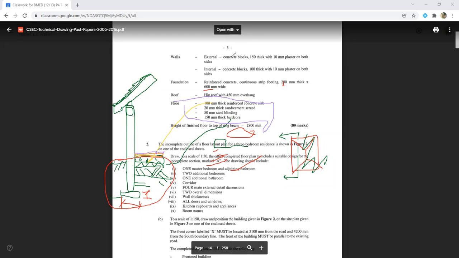Now, we also have the height of finished floor to top of ring beam. This basically is the distance from here. So here would have been the finished floor. Finished floor to here, to the top of the ring beam.